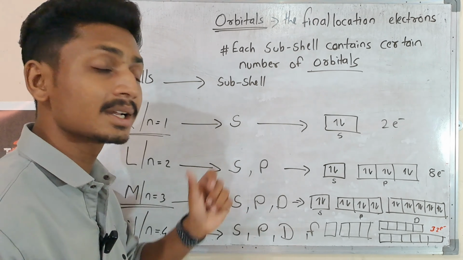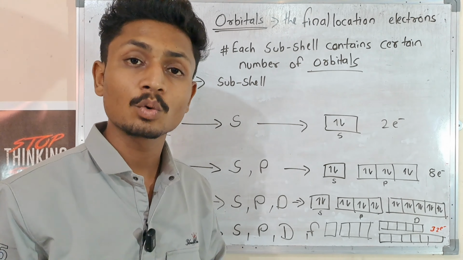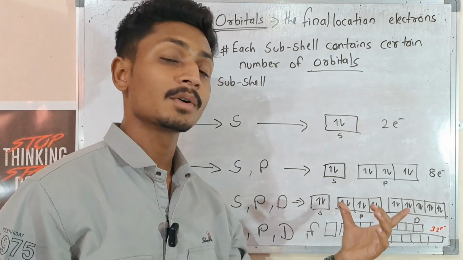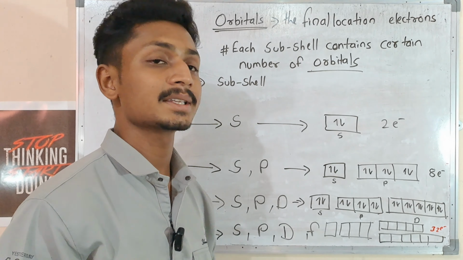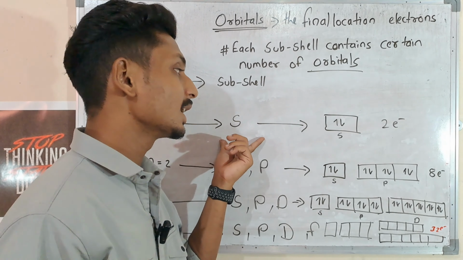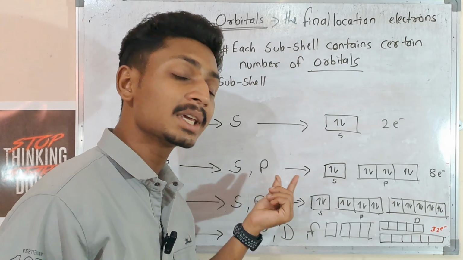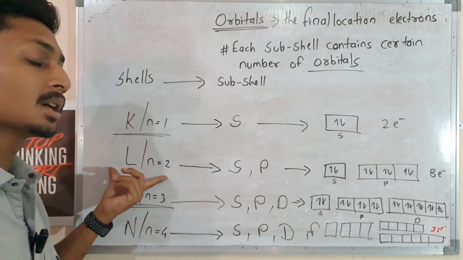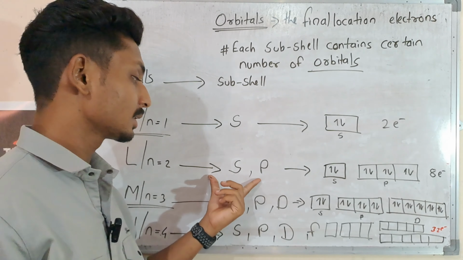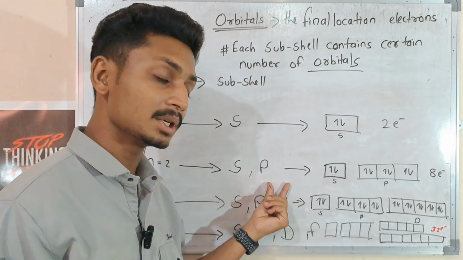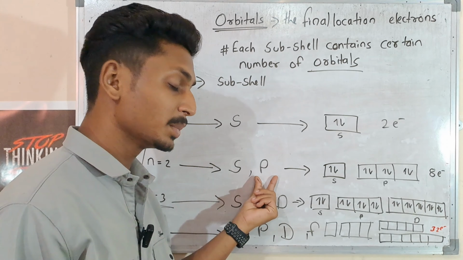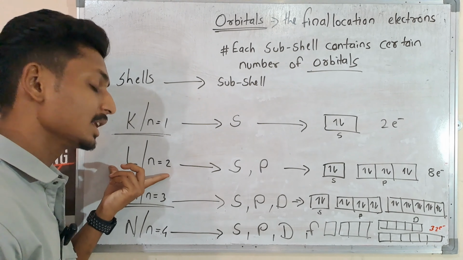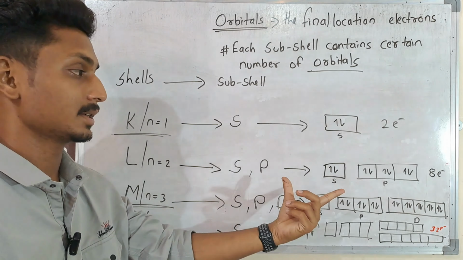You have to learn that S has only one orbit, P has three orbits, D has five orbits, and F has seven orbits. S can contain only two electrons, P can contain only six electrons. In the L shell there are two subshells S and P. S contains two electrons, P contains six electrons. The total number of electrons present in the L shell is 8.